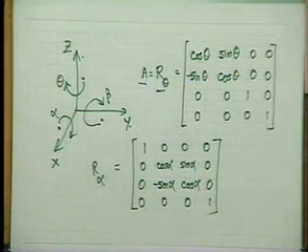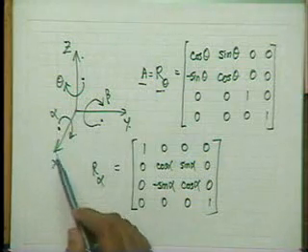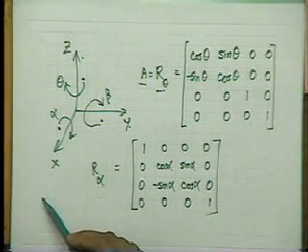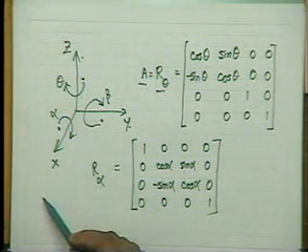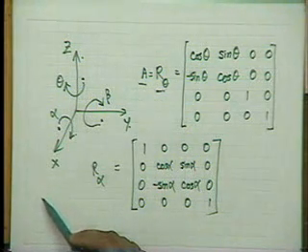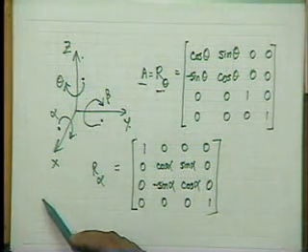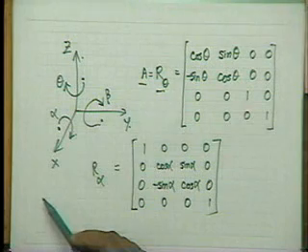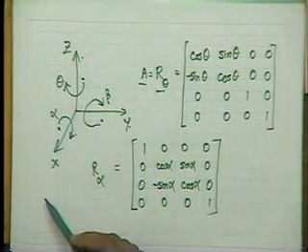This is R alpha, that is to say rotation with respect to the x-axis. We are taking a three-dimensional point, and a three-dimensional point can undergo translation in all these three directions x, y, z. It can undergo scaling, it can undergo rotation about z, about y, about x. So this is rotation about x direction.